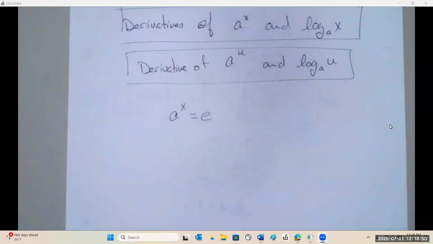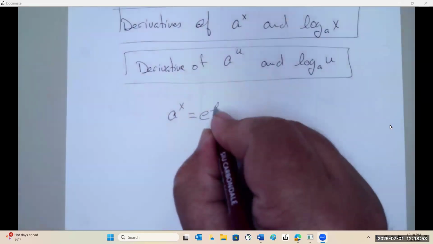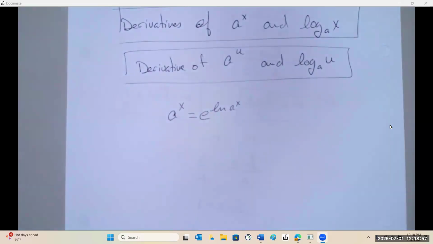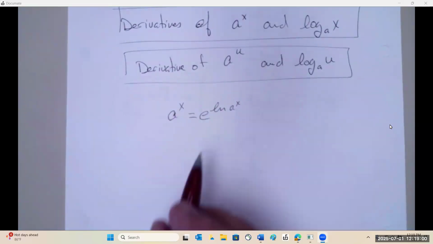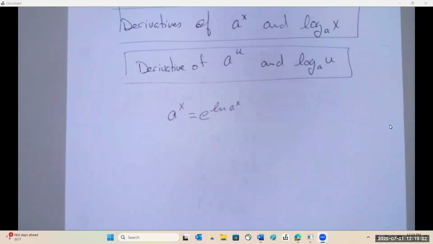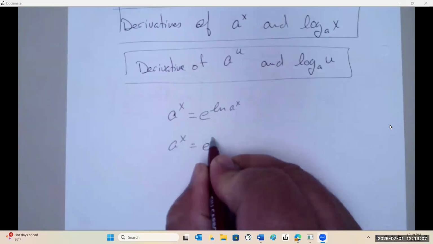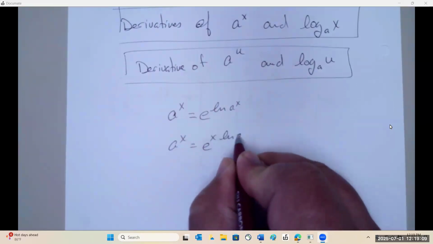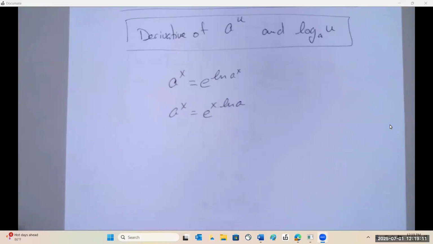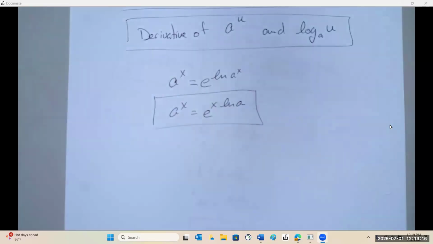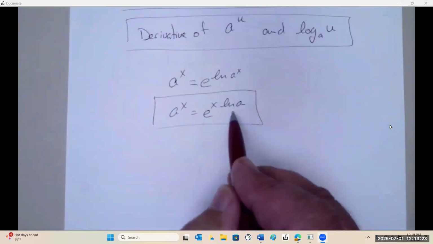What would the power be, if we had that, what would we get? Would they be equal? So this one can be E to the X ln A. Whenever we have a base A other than E or anything else we know, we can rewrite it as E to the power X ln A. Why is it X ln A from this?